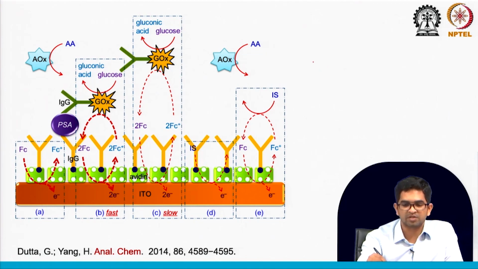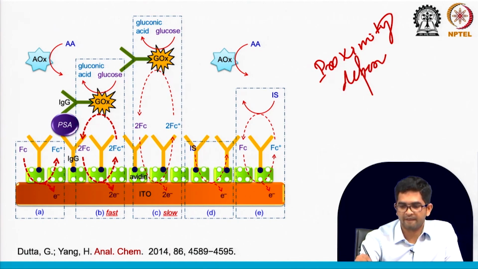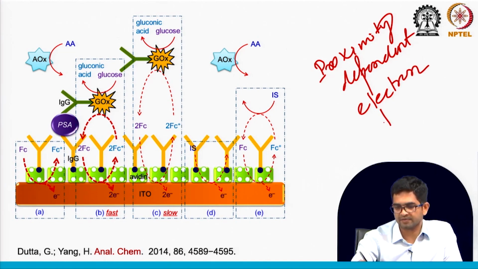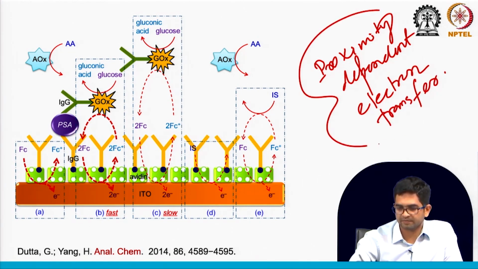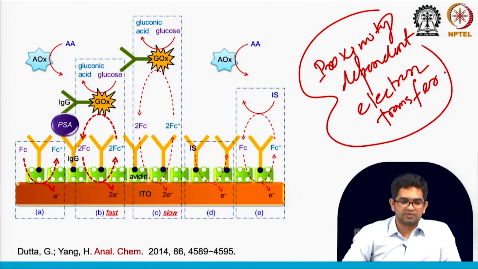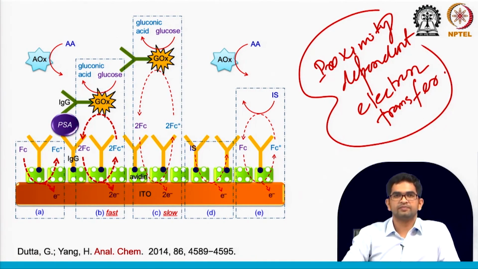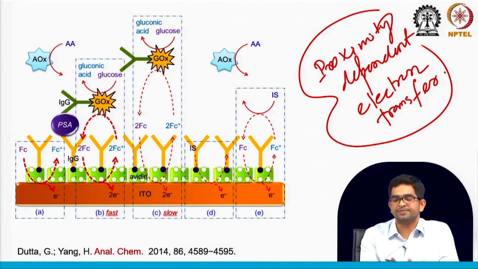It is proximity-dependent electron transfer. This is the main driving force to determine the target: there is a signal difference in the presence of target and in the absence of target.